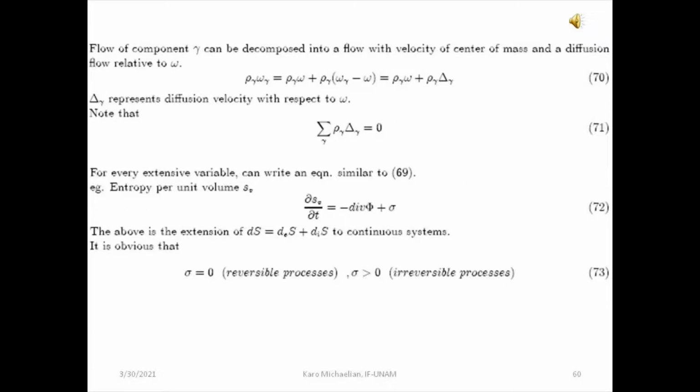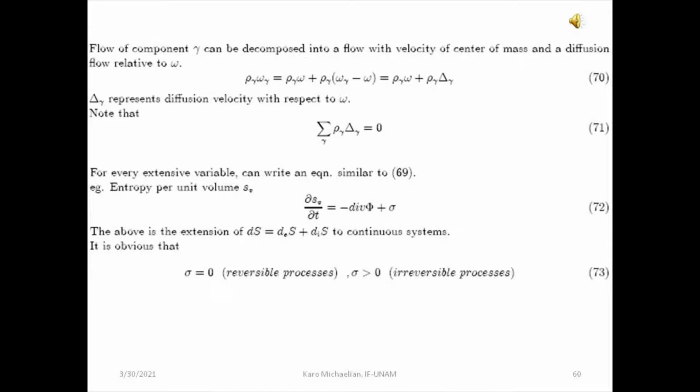For any component gamma in the system, the flow can be decomposed into a flow with respect to the center of mass of the system, and the diffusion with respect to the flow relative to the center of mass velocity. So for example, we can write rho gamma omega gamma is equal to rho gamma times omega.